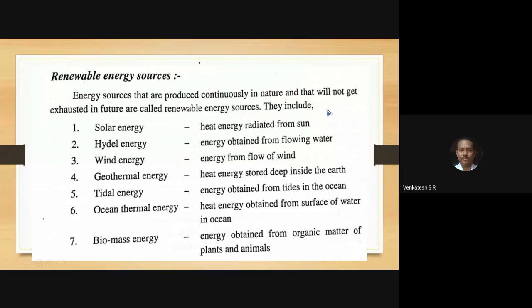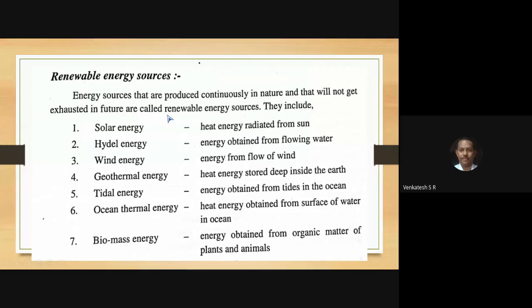And one more thing: the solar energy is continuously produced in nature. There is no limitation or restriction for solar energy because it is continuously available in nature. Is there any chance of exhaustion? No. It will not be exhausted in future.